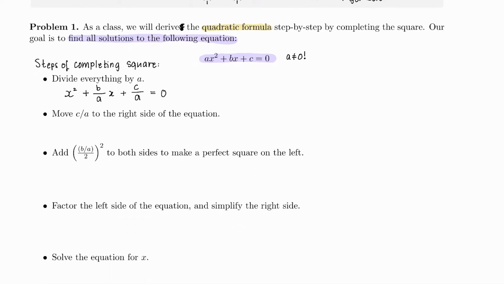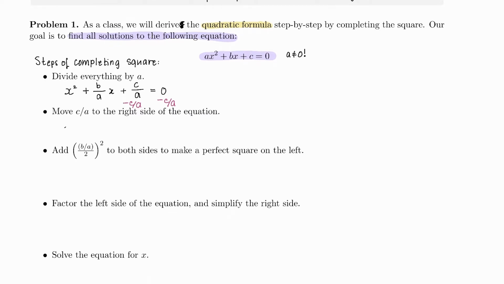The next step says to move c over a to the right side, so we subtract c over a from both sides. That gives us x squared plus b over a x equals negative c over a.